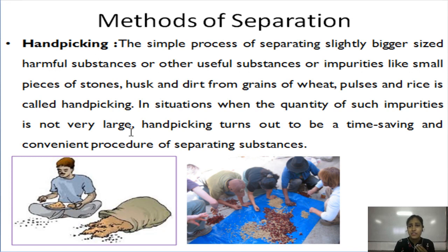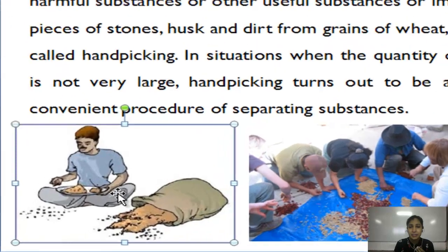The simple process of separating slightly bigger sized harmful or useful substances or impurities, like small pieces of stones, husk or dirt from grains of wheat, pulses and rice, is called hand picking.